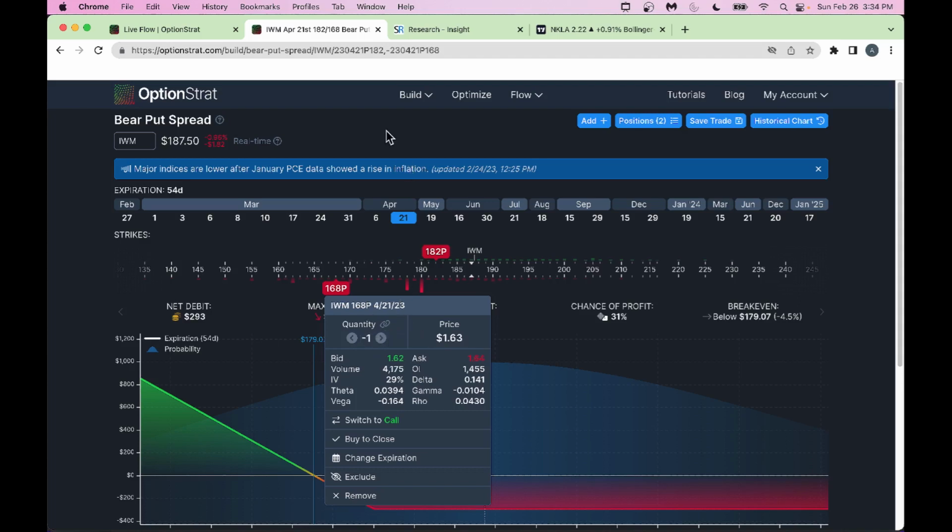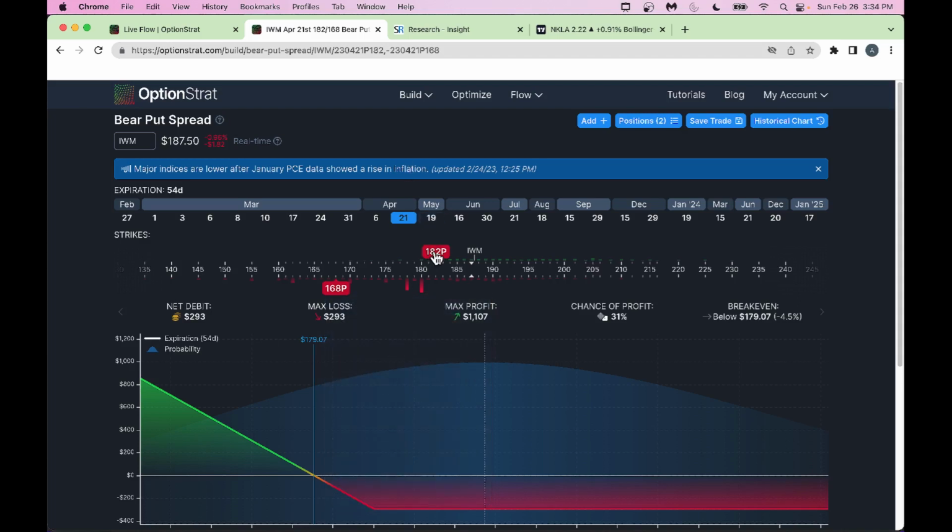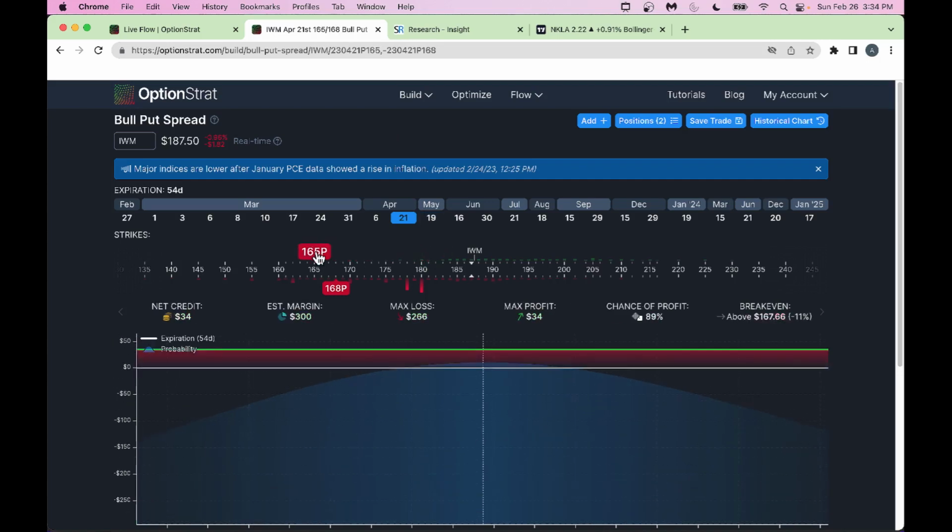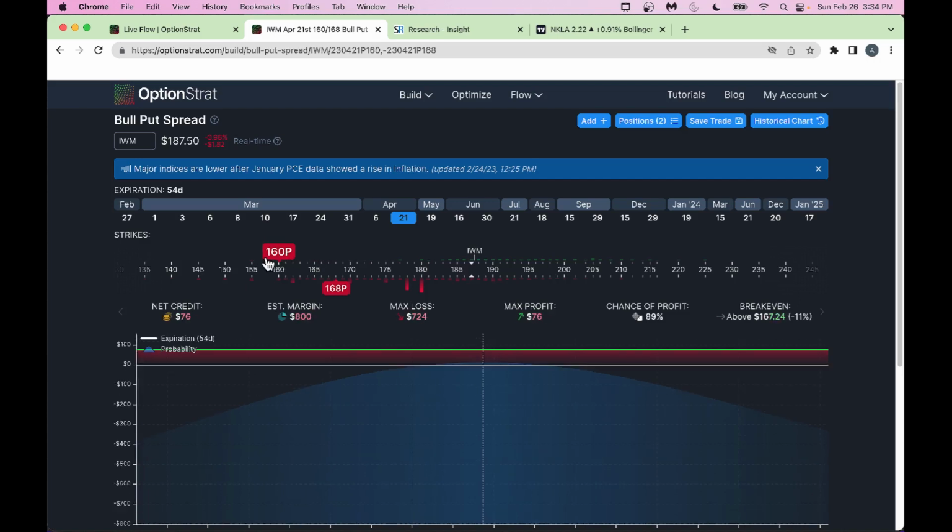let's go with this here, because we want to do a spread. I want to buy back. I don't want to take too much risk here. I will take a $10 wide spread here. So 168, and say let's go to 158 here. Let's go slightly down. All right, there is no 158 here, 160.